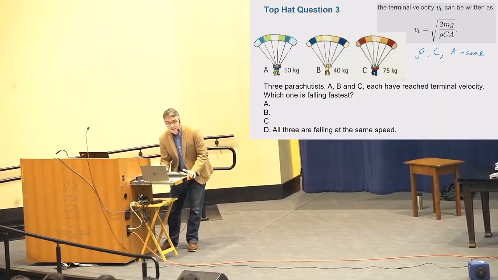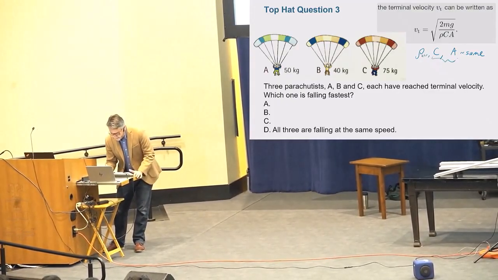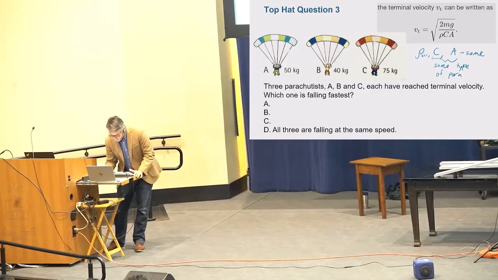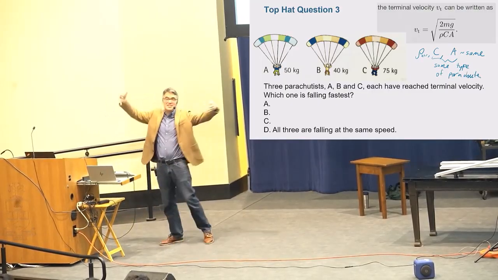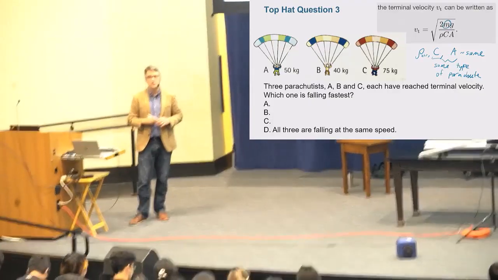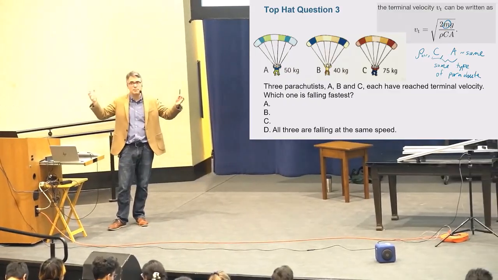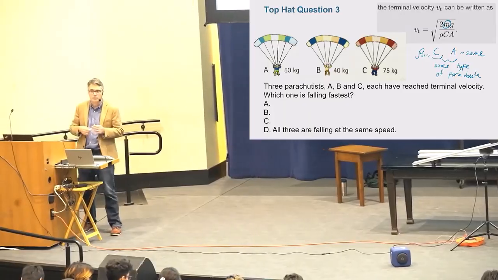Certainly, the density of air is the same in all 3 cases. But if it's the same parachute, we can maybe assume that it has the same drag coefficient and the same area. And so what is different in this equation is just the mass. More massive objects with the same exact shape are going to fall faster. They're going to reach a higher terminal velocity.